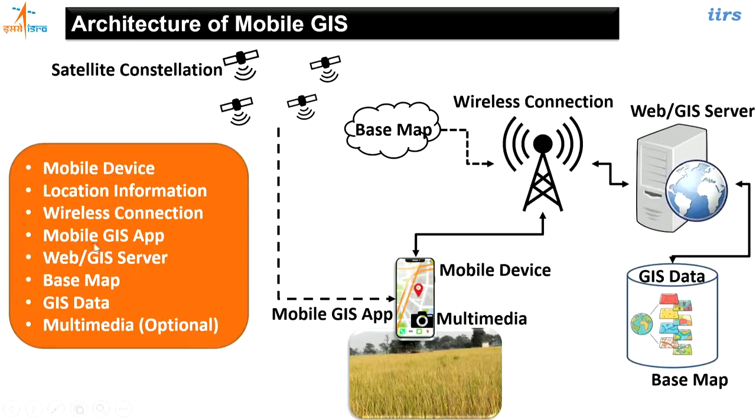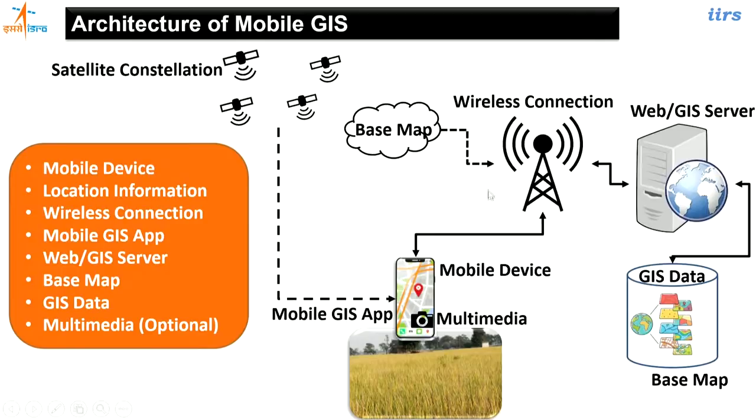Similarly, we should have a wireless connection. I need to send the data collected using this location information or the attribute information to the central server or the GIS database. For that I need a wireless connection or internet connectivity.